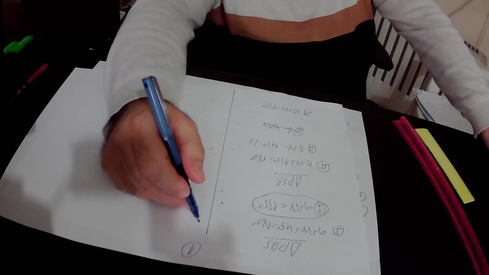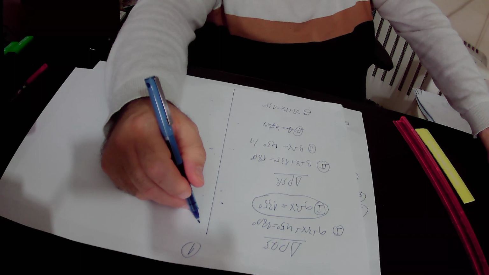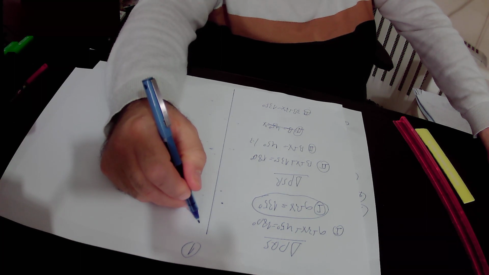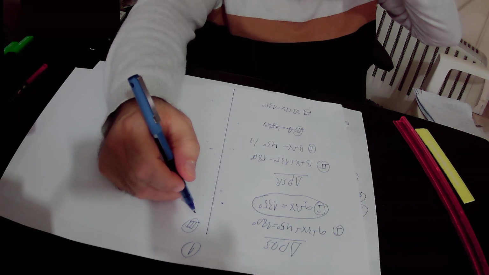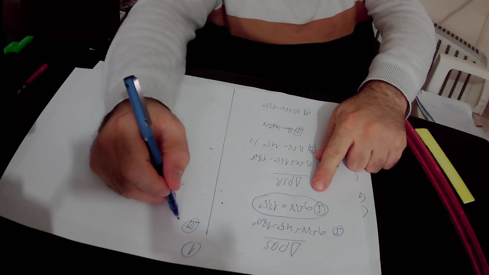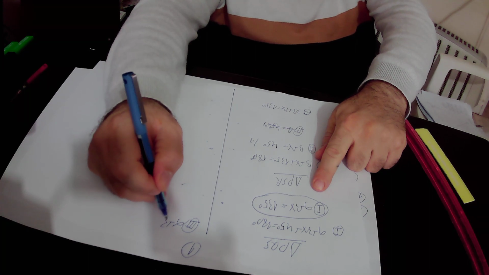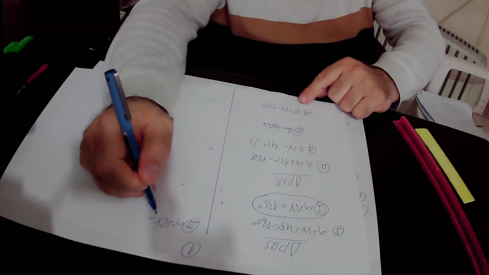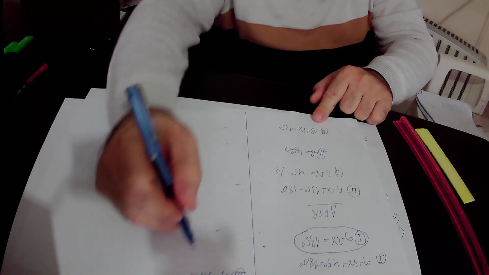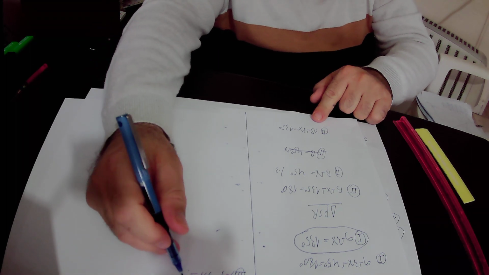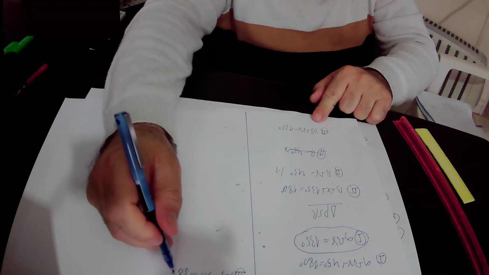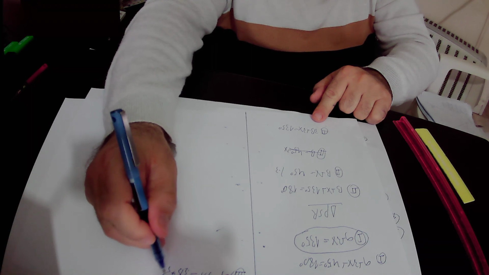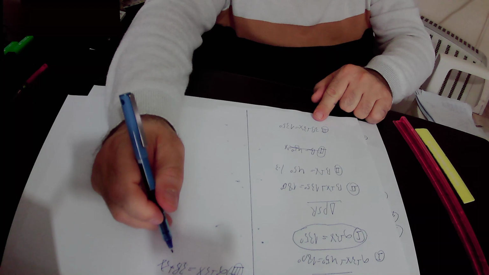That is to say, this side of equation number 1, alpha plus 3x, must be equal to this side of equation number 2, 3 beta plus 3x, because the other side is equal to 135 degrees in both triangles.